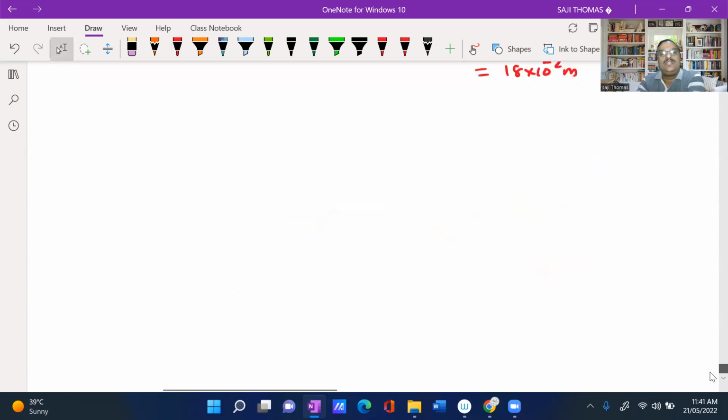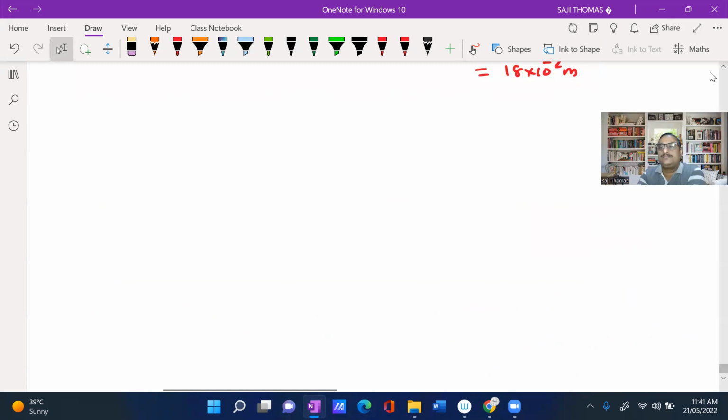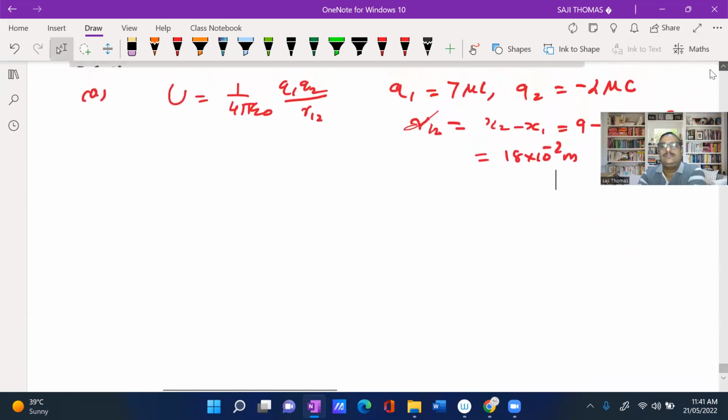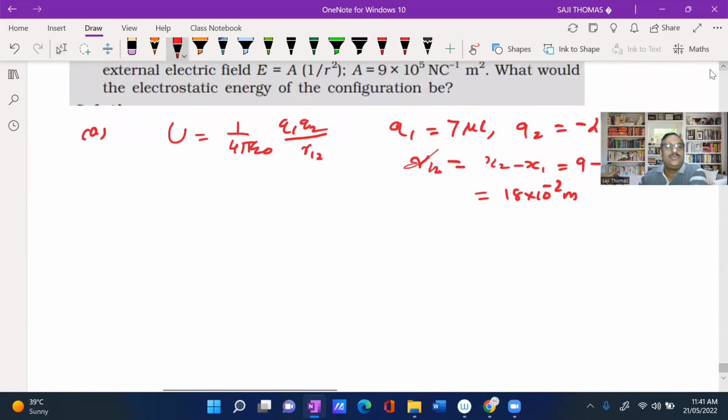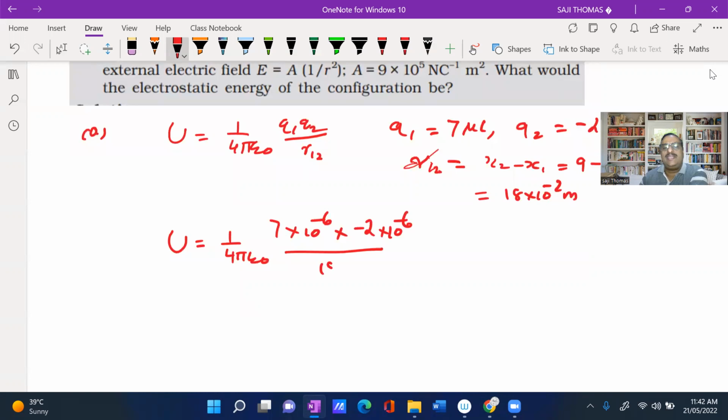Now just put the values in the equation. So U is equal to 1 by 4 pi epsilon 0 into Q1, which is 7 into 10 raised to -6, Q2, -2 into 10 raised to -6, divided by 18 into 10 raised to -2.